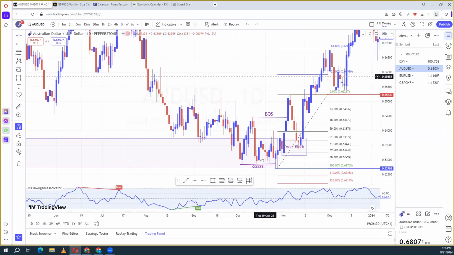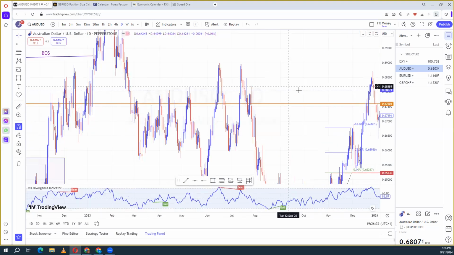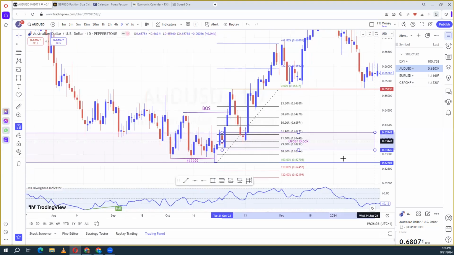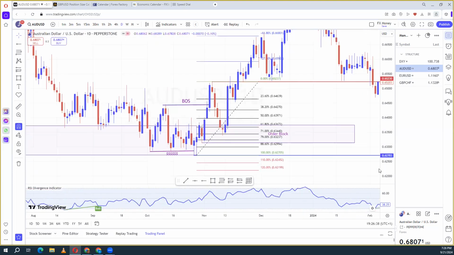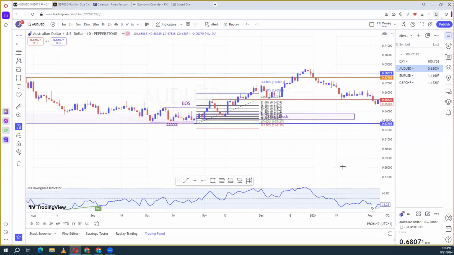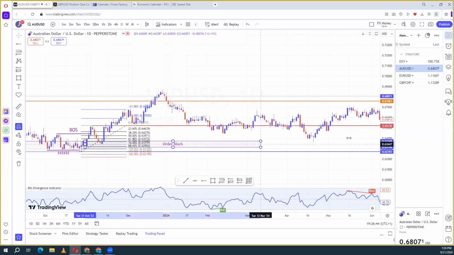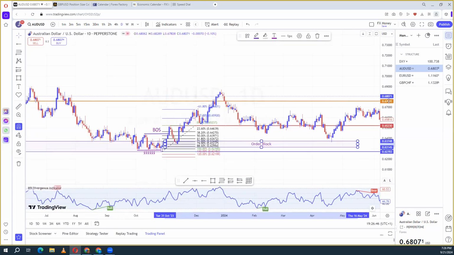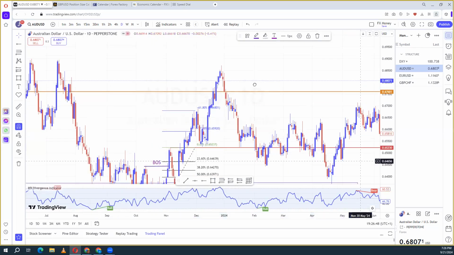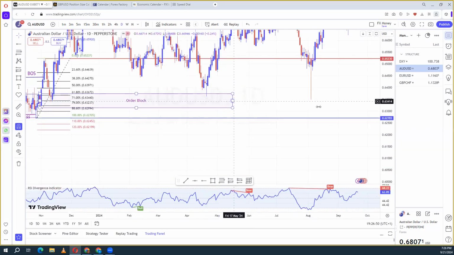So the overall targets of this trade, let's say you got it here, right? If you want to be a swing trader, the only disadvantage about being a swing trader is all these things you are seeing here.